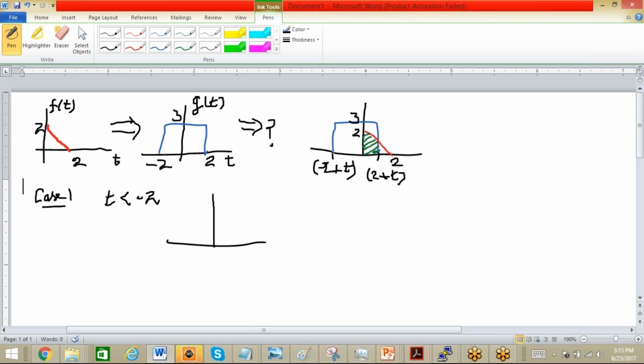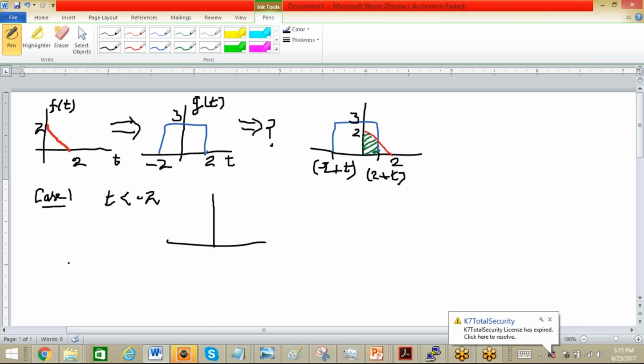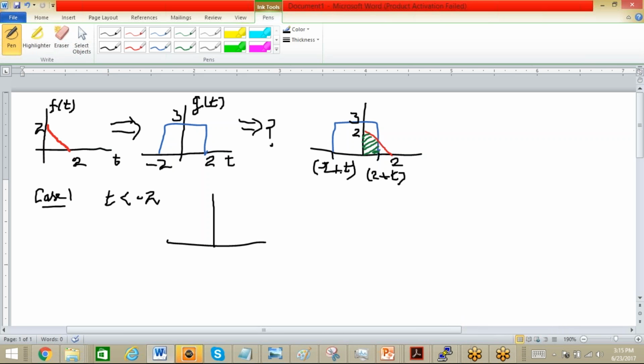In that case, first of all, for this flipped function, t is less than minus 2. Let's take an example, t is equal to minus 3. So what will be the first point? Minus 2 minus 3, it will be minus 5. So the first point will fall around minus 5. And the second point, 2 minus 3, that is minus 1.